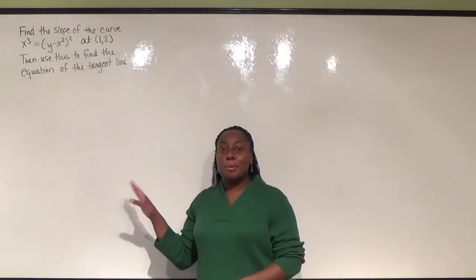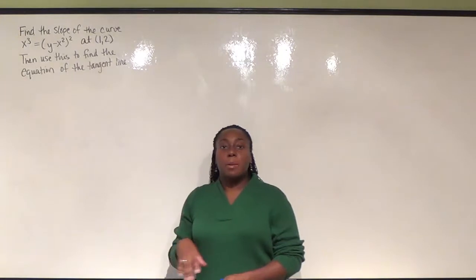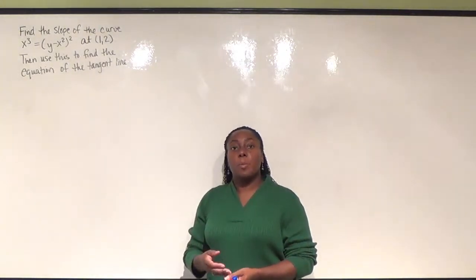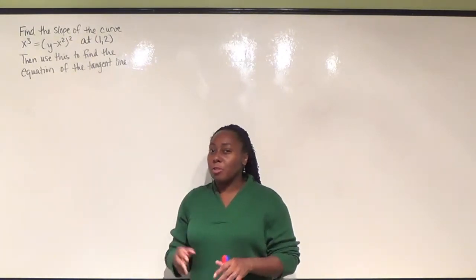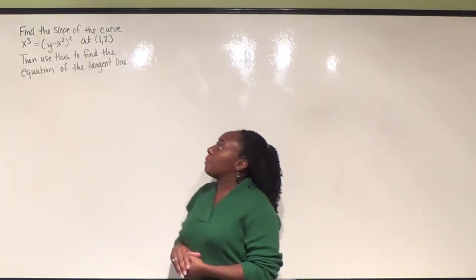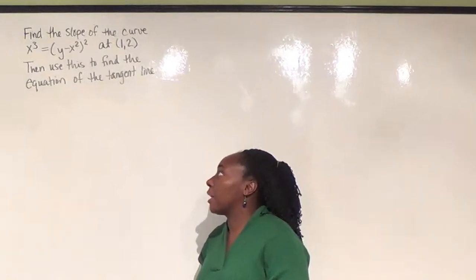One last example for implicit differentiation. So some of our applications that we've had up till now have just been finding the slope and finding the tangent line. We've also looked at some marginals, but I want to go back to the tangent line. So here's an example of implicit differentiation with that application.